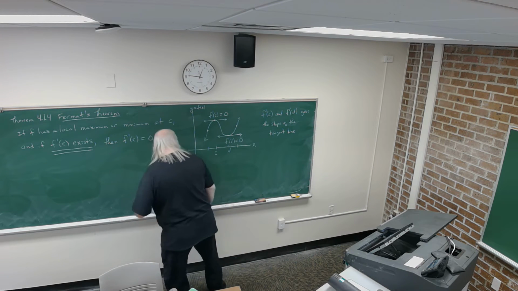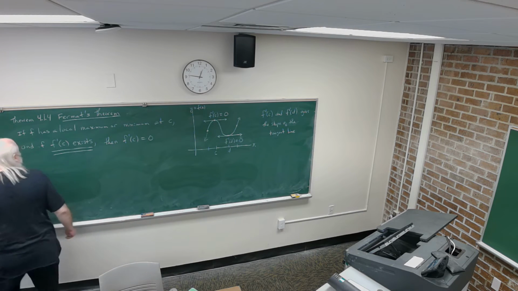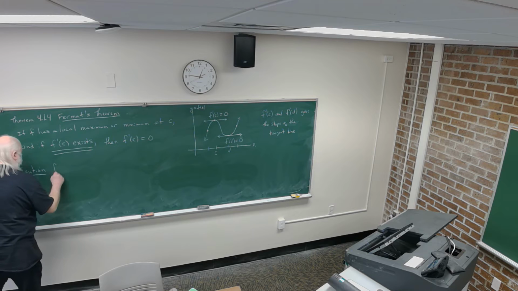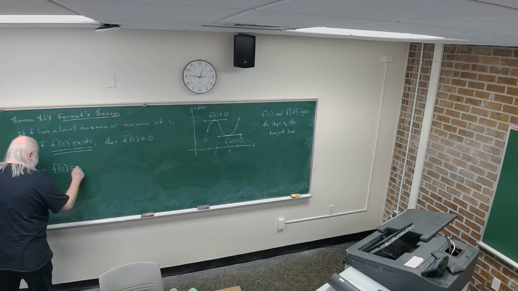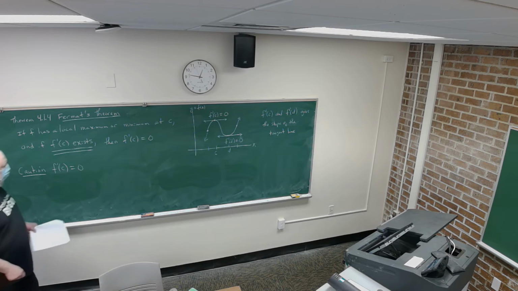I need to give you a caution concerning this because you can misinterpret this theorem. If the derivative of f of x at x equals c is equal to 0, that does not mean there's a local maximum or local minimum. That does not guarantee there's a local maximum or local minimum at that point.